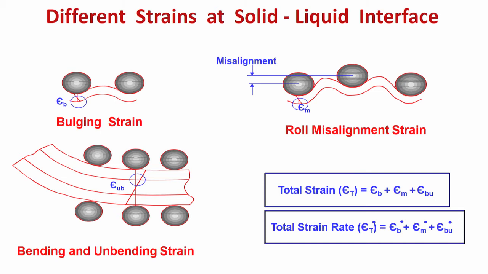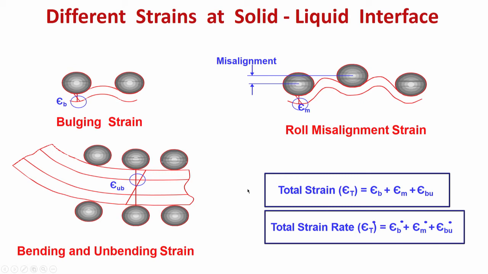Now, this total strain which is getting impinged on the solid shell should be less than the critical strain, otherwise there will be crack formation. If the particular steel can withstand strain to a large extent, it is very good. Even if there is a possibility of large strain formation, there will not be a crack generation. This is number 1.